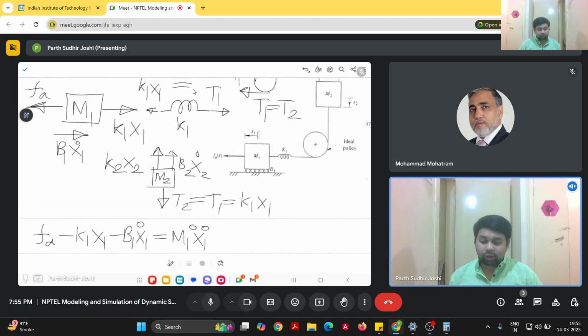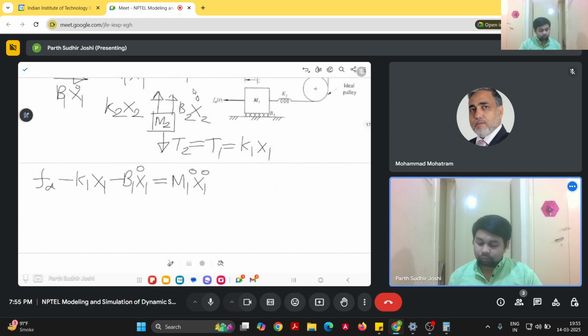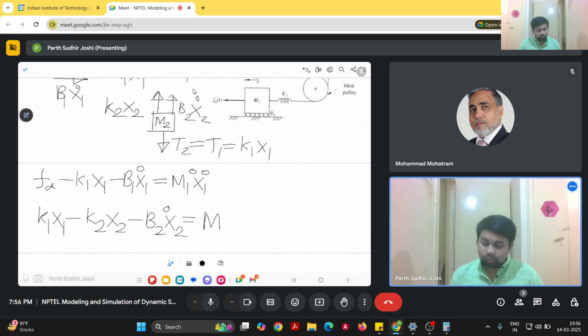And similarly for mass m2: k1 x1 minus k2 x2 minus b2 x2 dot is equal to m2 x2 double dot.